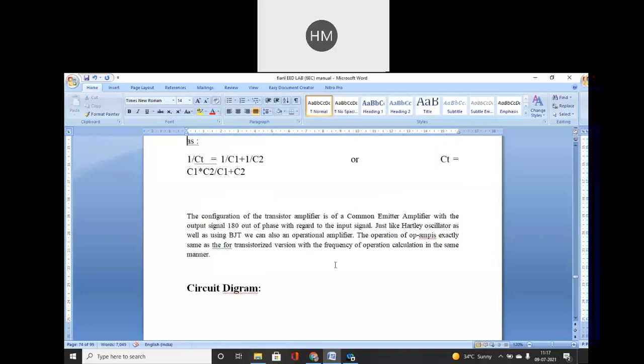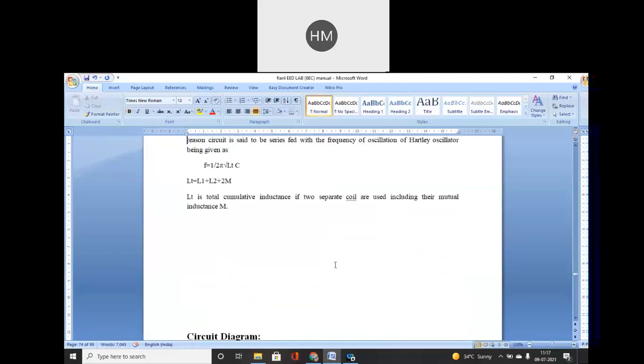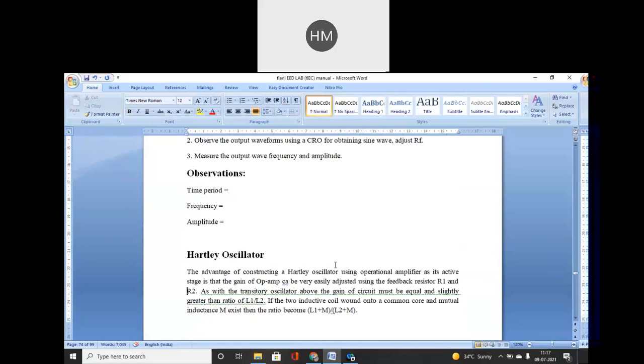So Hartley and Colpitts oscillators are again a type of oscillator. Here we are using a feedback element as a combination of inductors and capacitors, which becomes very impractical to design at IC levels.